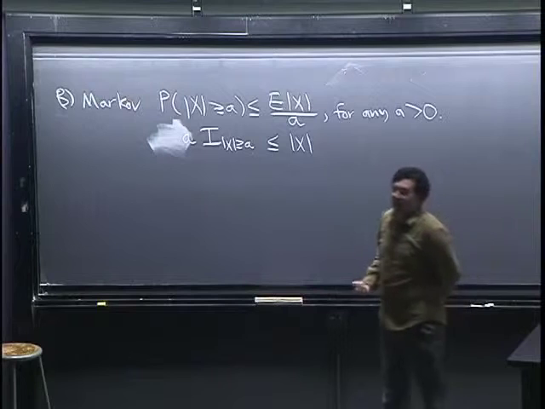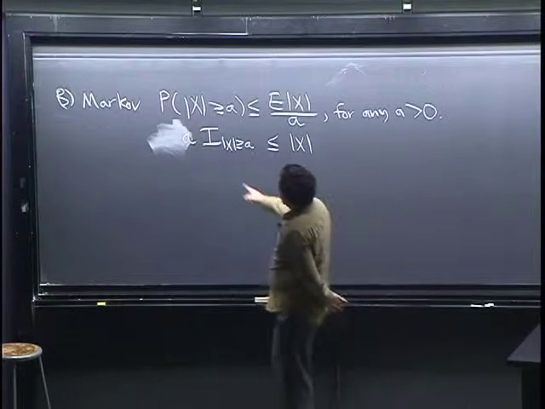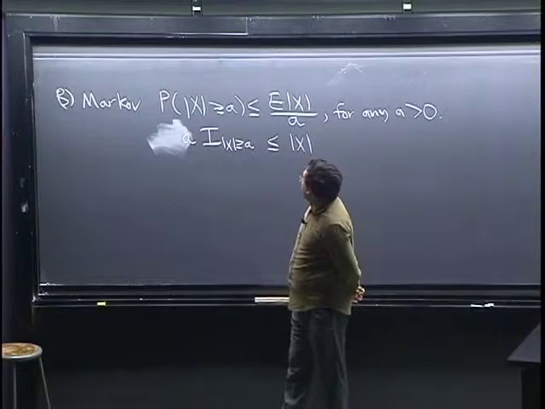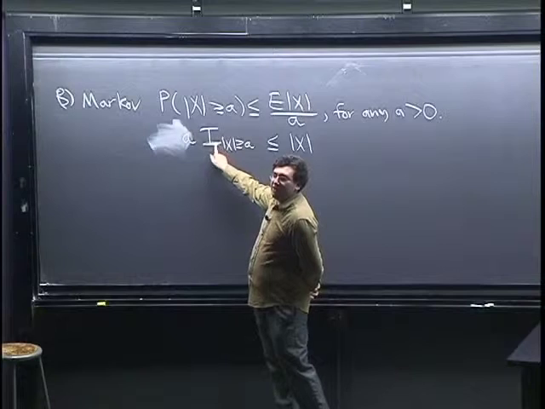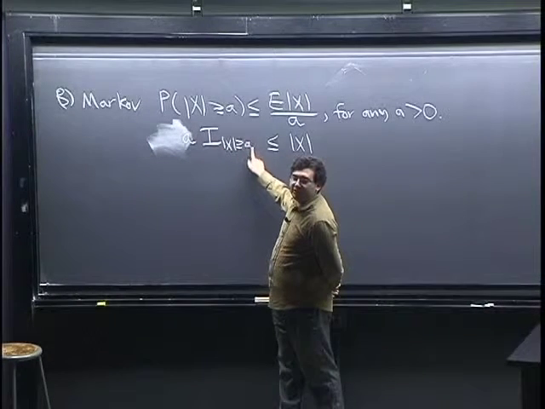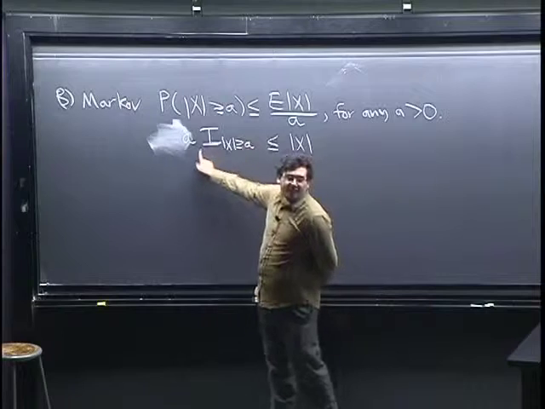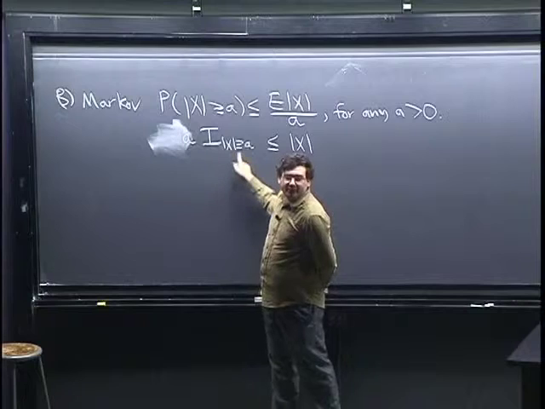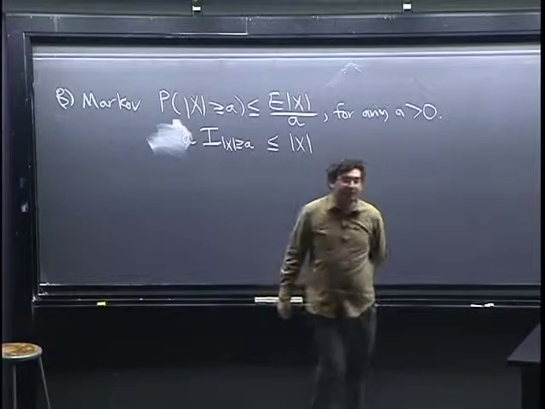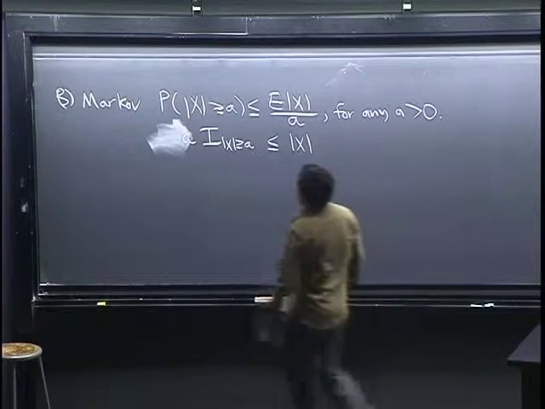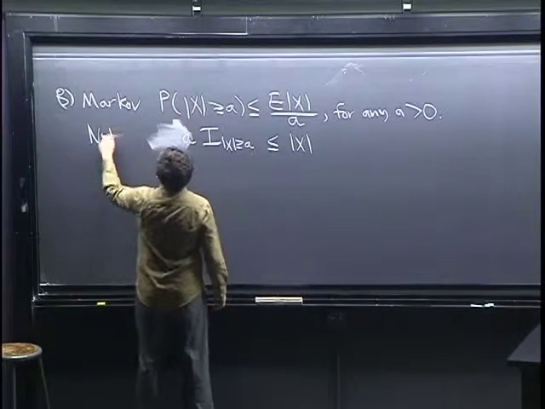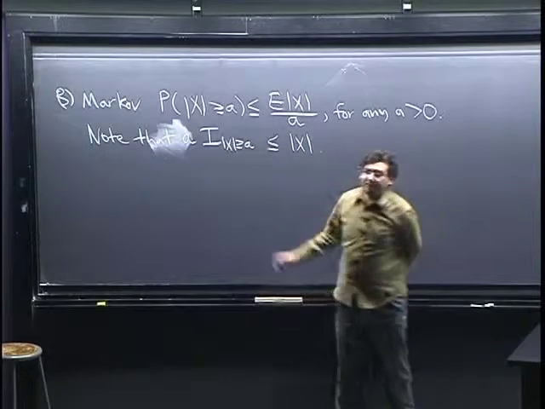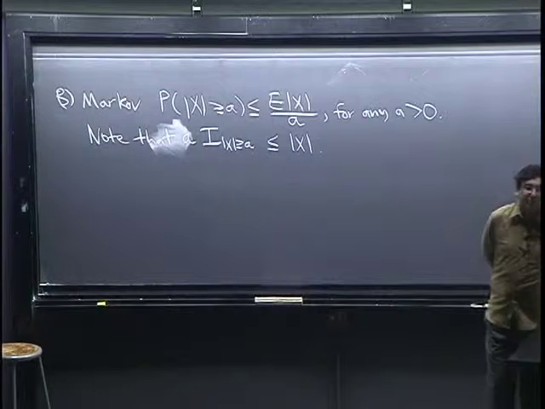The other case is the indicator is 1. So the left-hand side just becomes a. In that case, this equaling 1 says that absolute value of X is greater than or equal to a, but that's what I just said. Replace this by 1, it says absolute value of X is greater than or equal to a. That's what we just said. So this is always true. So I'll just write, note that this is true. These are random variables, but this relationship always holds between those random variables.